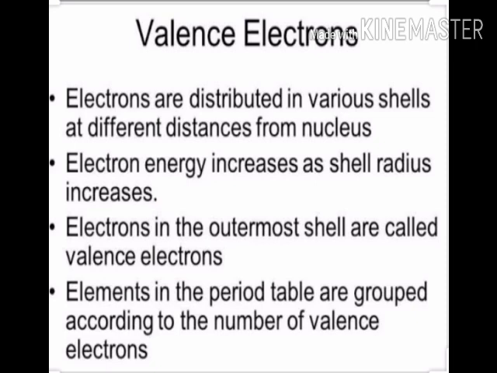They take part in chemical reactions. Elements in the periodic table are grouped according to the number of valence electrons, as we have seen in the periodic table, with the arrangement of elements under various groups and periods.